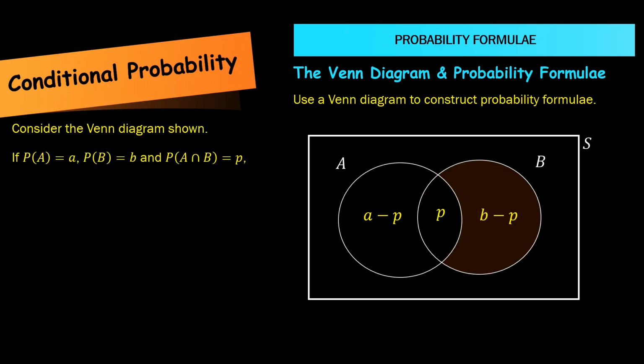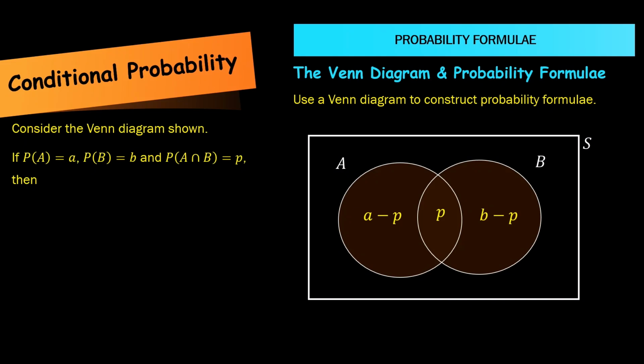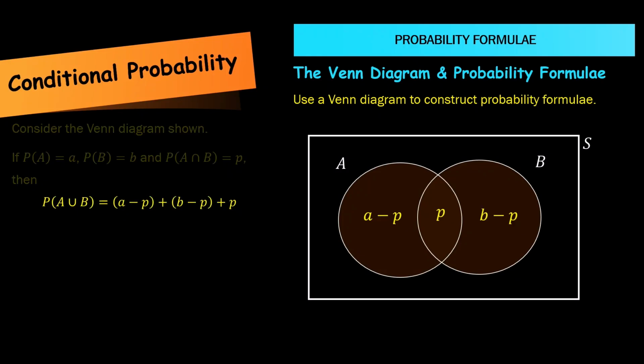And the probability of B, removing the probability of A part, is equal to B minus P. Given this diagram, we can see that probability of A union B equals A minus P plus B minus P. And tidying this up gives us that the probability of A union B equals A plus B minus P.